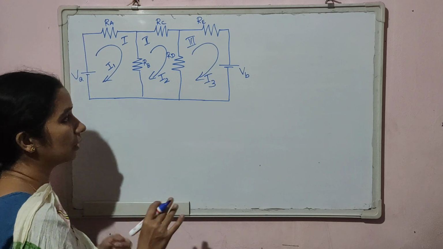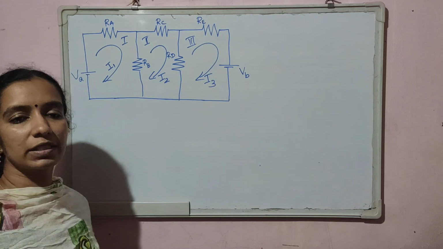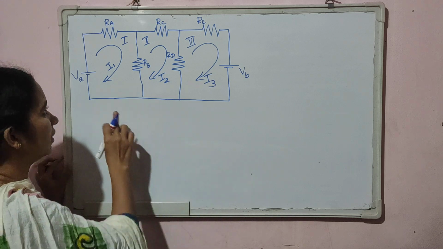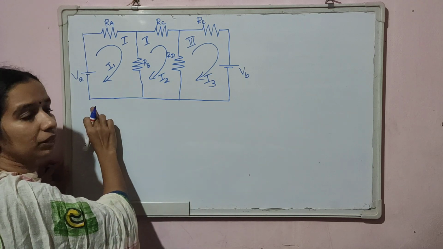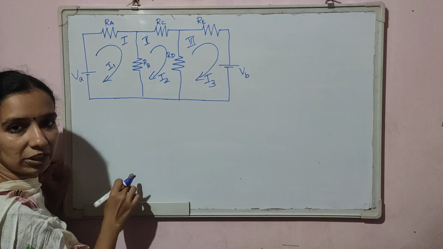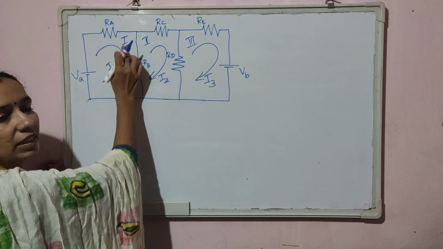Now, after marking the mesh currents, consider each of the meshes, and for the first mesh, trace that particular mesh in any particular direction. Trace means consider each of the components.